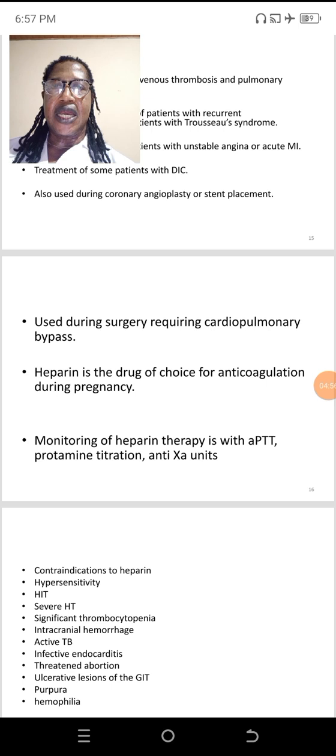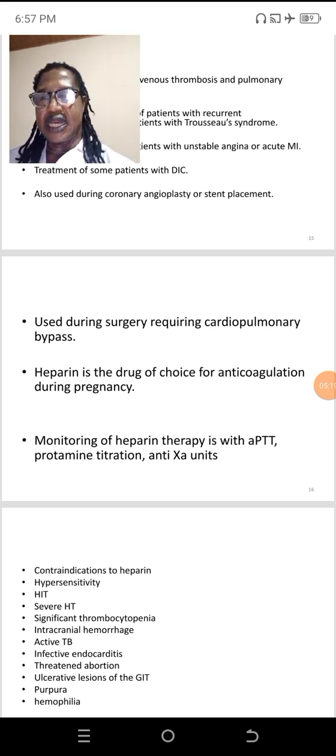However, in cases where cessation of heparin alone is not effective or does not control the toxicity, then a specific heparin antagonist, which is known as protamine sulfate, should be administered.